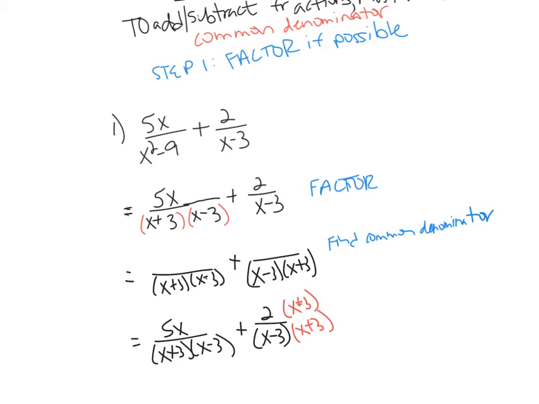So what we need to do here is multiply top and bottom by what is missing.